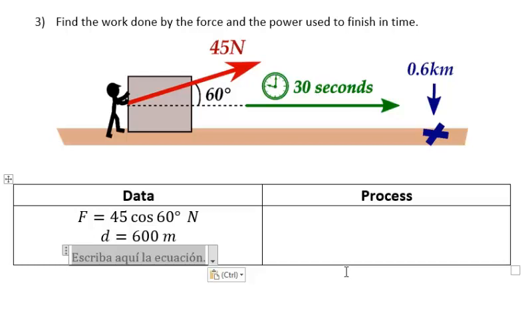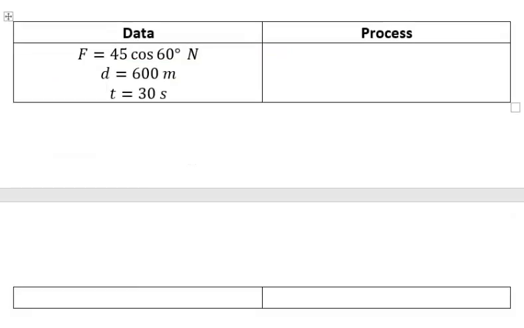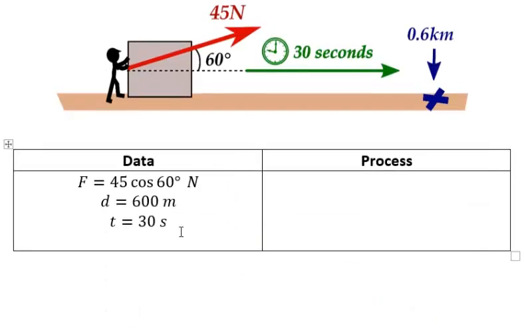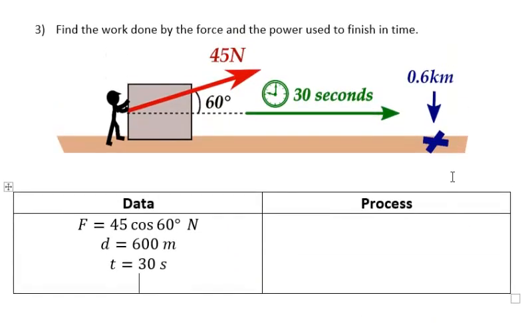And the time you have for moving that is 30 seconds. So you have to do a lot of work in a really tiny fraction of time. That means the power is gonna be a lot. It's gonna be a really huge power, because you have to do stuff fast. You have to work fast.